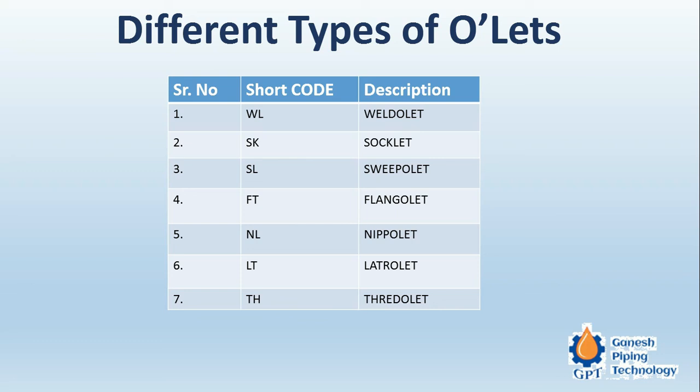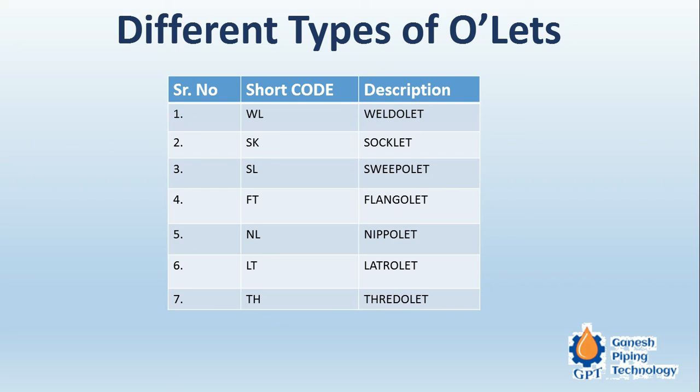So we can see there are basically 7 types we have discussed. There are some more also, but these 7 are the most prominent types: Weldolet, Socolet, Sweepolet, Flangeolet, Nipolet, Laterolet, Credolet. So these different types of OLEDs are available and they are made based on their application.